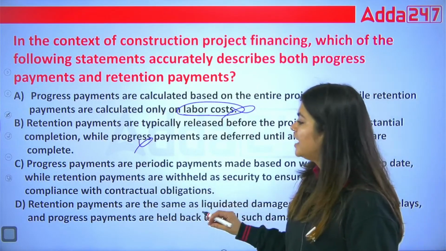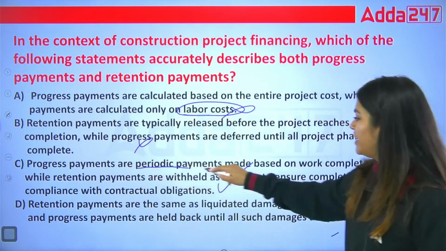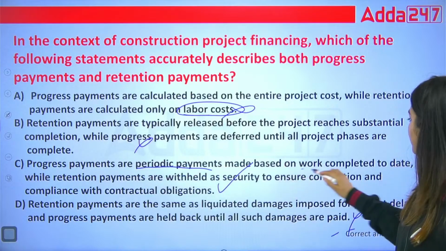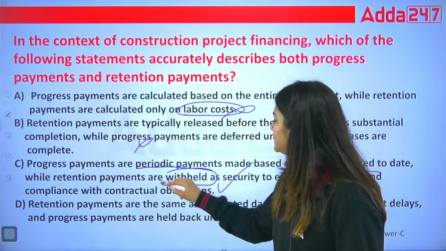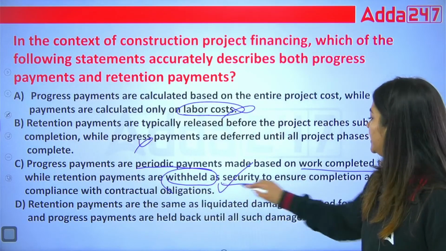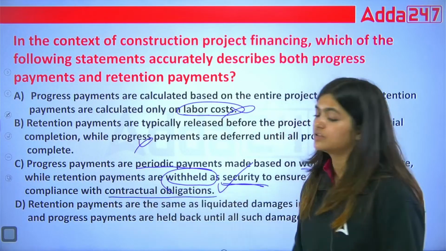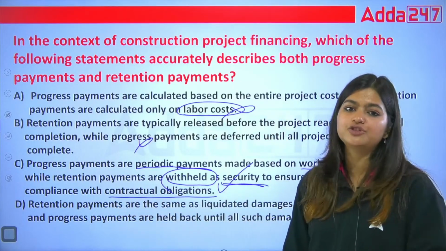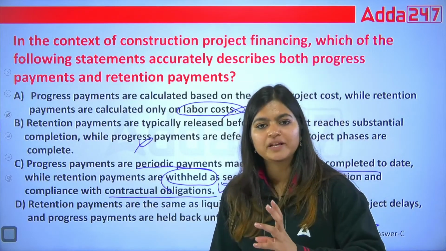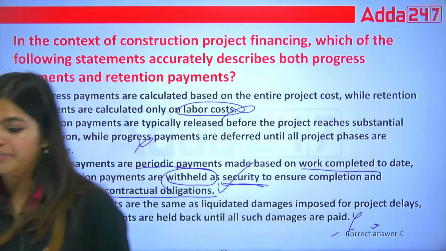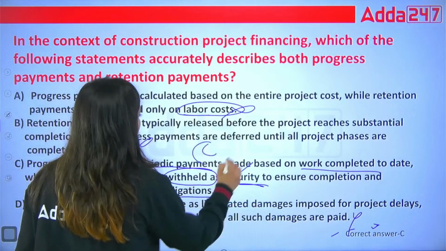Nope. The correct answer is your C. In this, they are saying progress payments are your periodic payments based on work completed. Correct. While retention payments are what? They are withheld amounts as security to ensure completion and compliance with contractual obligations. This is the correct definition, the accurate definition for your progress payments and for your retention payments also. So the correct answer in this question is your option C.